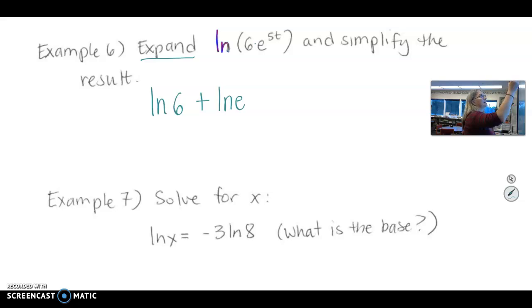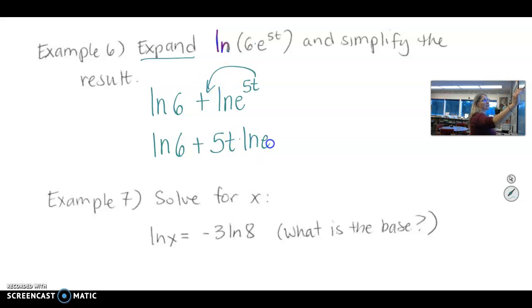So that's using the product property, but we can still expand this even further using the power property, because you have a power of 5t. So think about what you can do with that exponent, and you hopefully are recalling that you can drop that down in front and be 5t times ln of e.